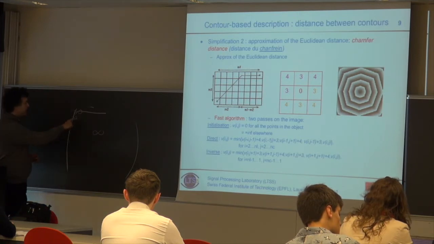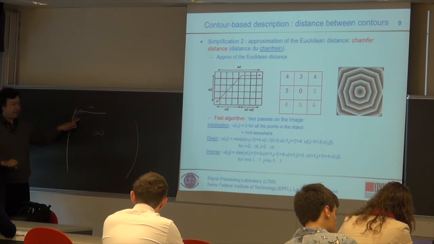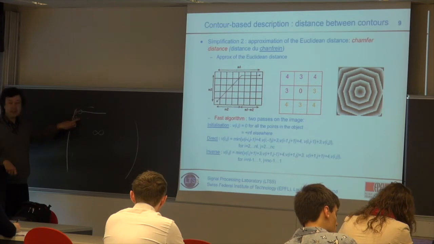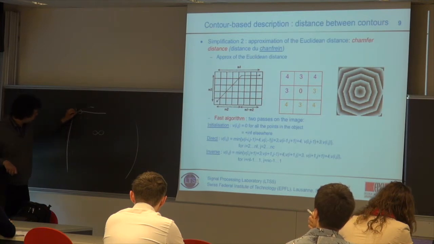Now, next one. This one, I know something about it. I know that its neighbor was at 3, or its neighbor is at 0. So, the distance map value of this point is either 3 plus 3, 6, or 0 plus 3, 3. What do I choose? Obviously 3, for that reason.